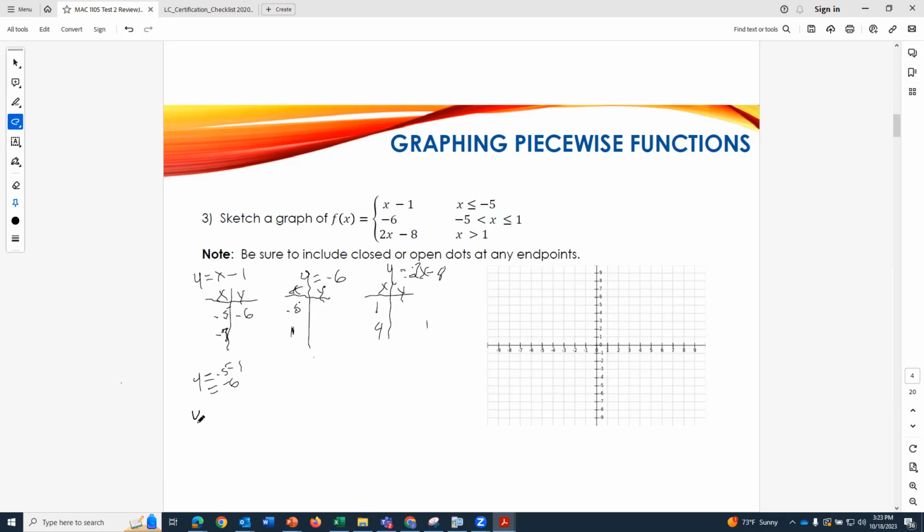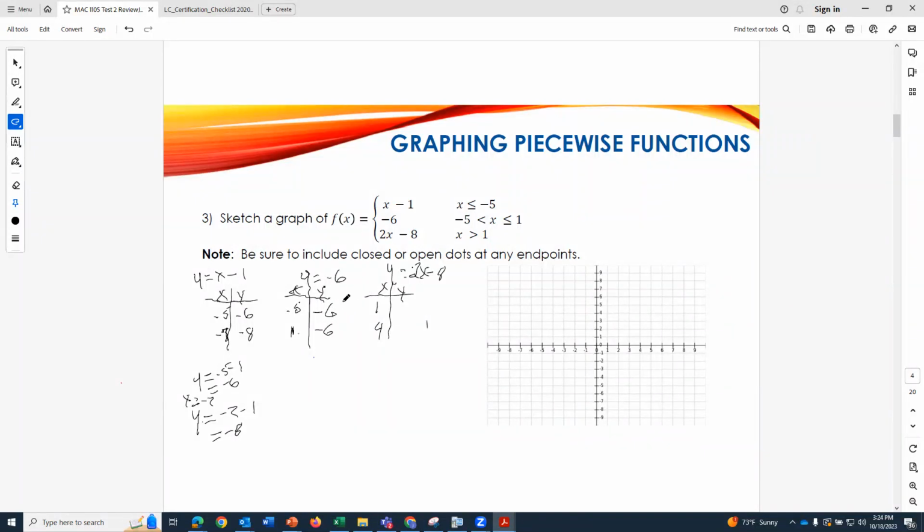And when x is -7, y will be -7 minus 1, that will be -8. And I have -8 here. And here, plug in x equals -5, then it will be -6. And if it's 1, it will be -6.